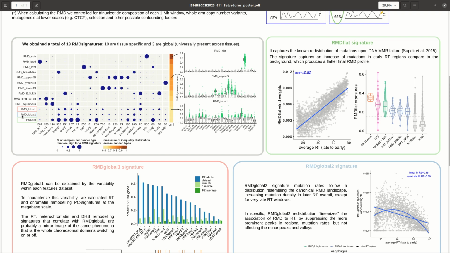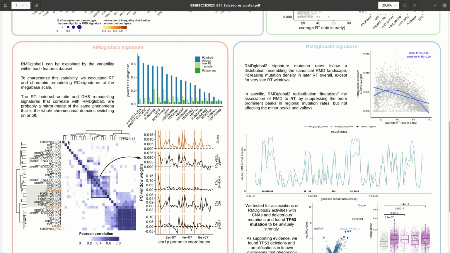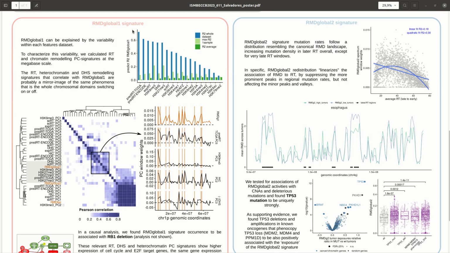Apart from RMD flat, we found 2 other RMD signatures which are, to our knowledge, novel, and we named them RMD Global 1 and 2. In order to understand RMD Global 1, what we did is we tried to explain this signature using the chromatin features that we downloaded from ENCODE, and we calculated for each of these features their density across our 1 megabase windows.